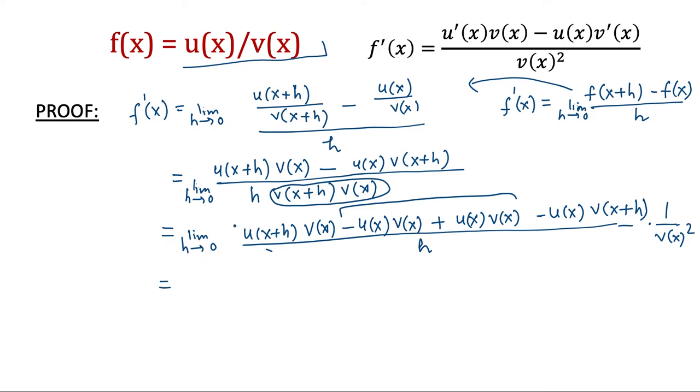So if you take the first two terms, we get vx common here, so ux plus h minus ux vx, plus, or rather minus, you remember here minus, so we have some hint if we know the formula beforehand.